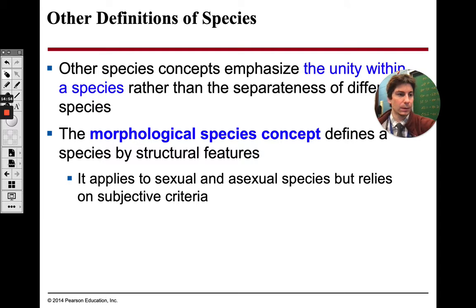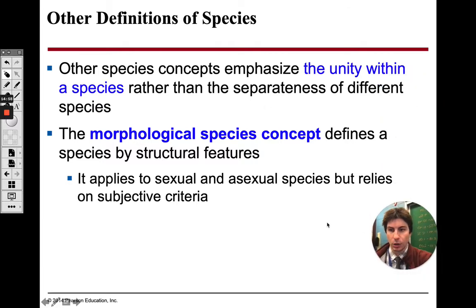All right, so moving on, we're done with the biological species concept. We're going to go to the next one, which is called the morphological species concept. We use this if we find all these new species and they haven't been discovered yet. So it's just like a blank slate. We've got all these new species we haven't discovered yet, and it's like, okay, let's start putting them into groups here.